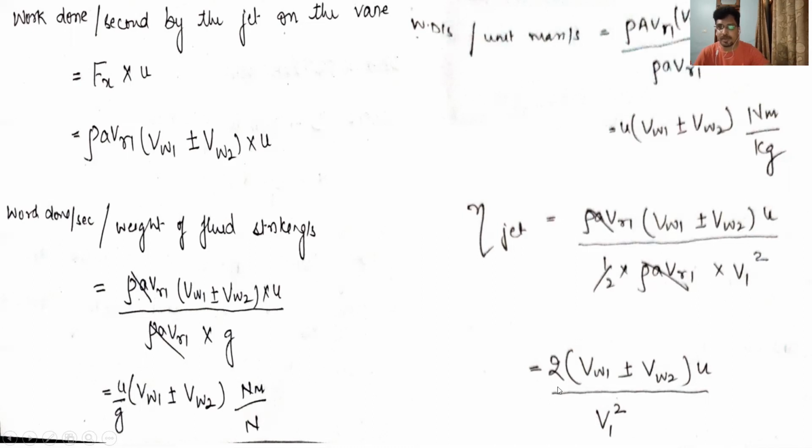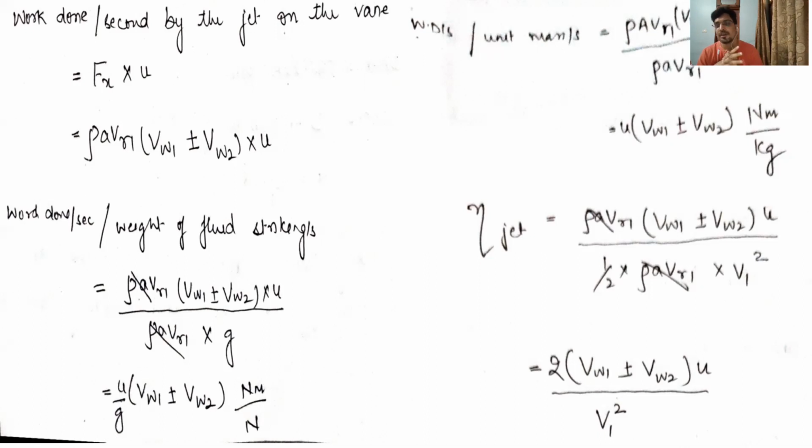So efficiency will be 2 (VW1 plus minus VW2) into U divided by V1 square. This is the efficiency of the jet when it is striking an unsymmetrical vane, when the jet is striking tangentially.